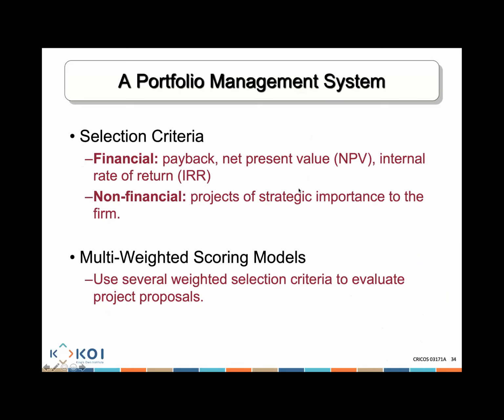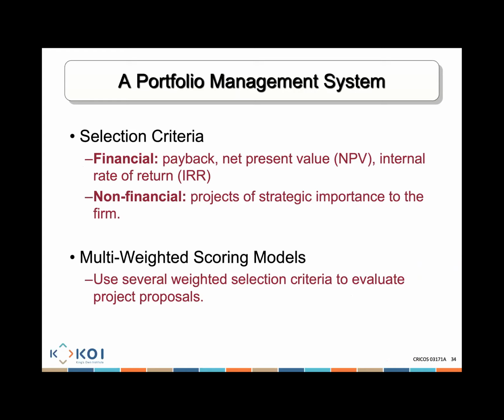Now, we have so many various ways for us to choose the project. We can select the project by using financial approaches and measurement. For example, we might have a payback method, net present value method, internal rate of return method. There are so many various methods that we can use financially to decide whether financially that project looks good for us to implement.